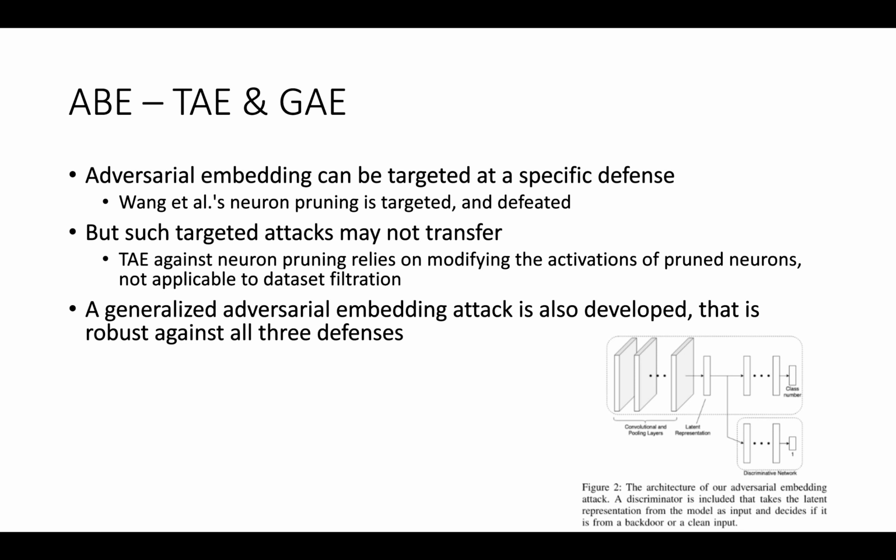That's not really applicable to dataset filtration because dataset filtration doesn't remove any neurons. So we also have this architecture for a generalized adversarial embedding attack, and we'll show later that it's actually robust against all three defenses.